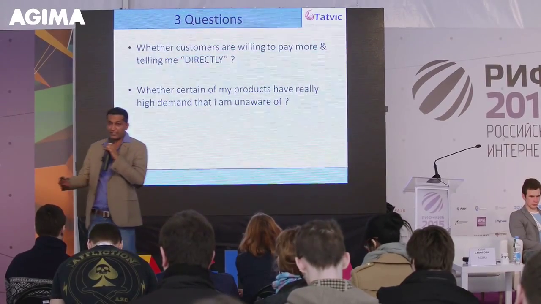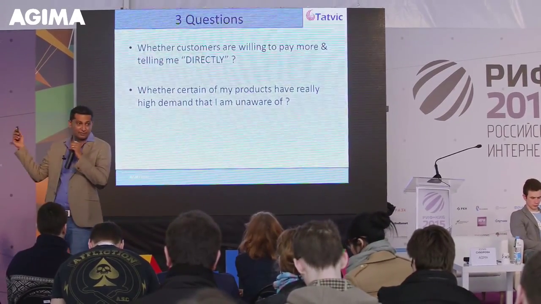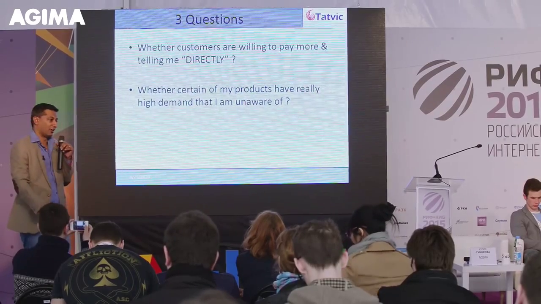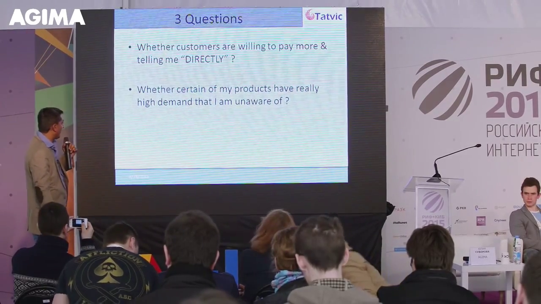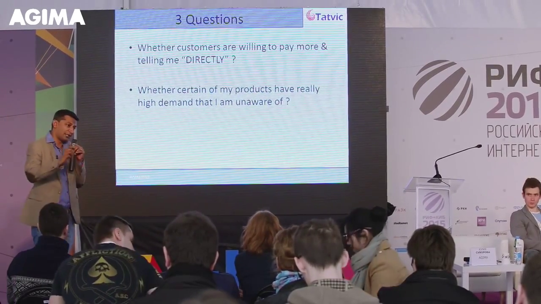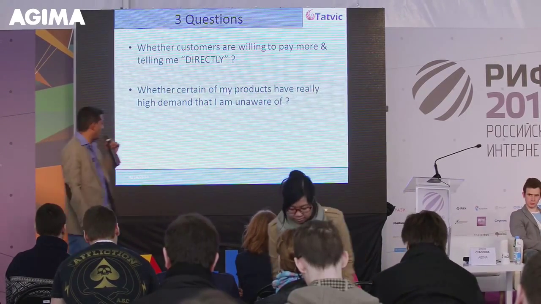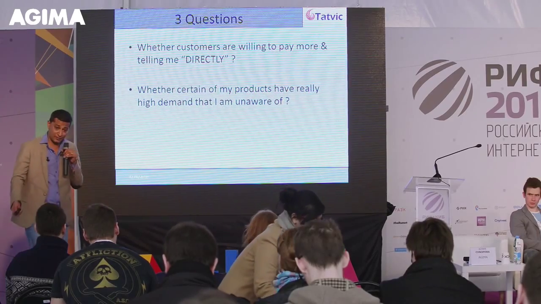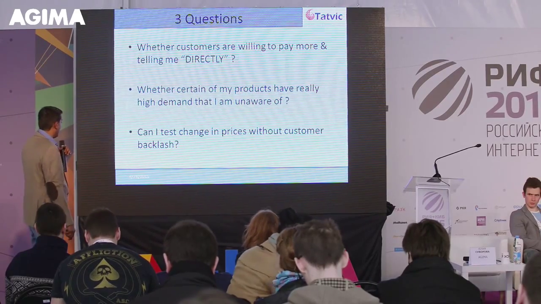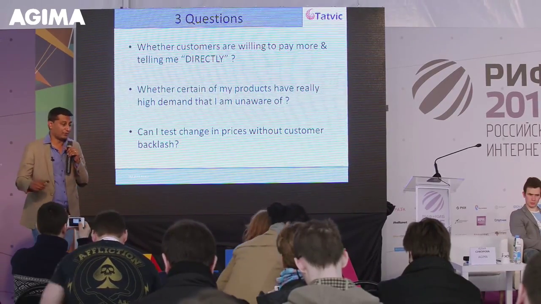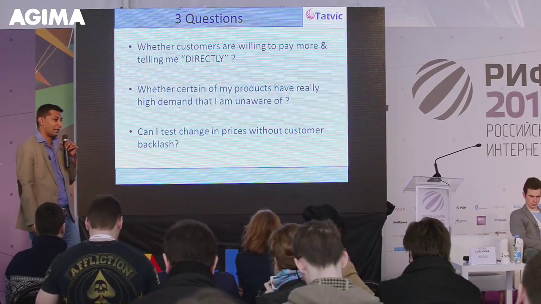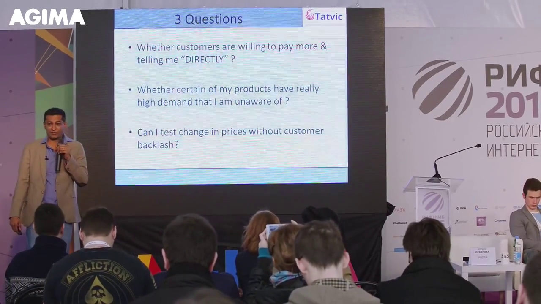You probably would be selling 30,000-40,000 SKUs for your e-commerce store, and you would want to know, are there certain sets of products that exhibit higher demand that you are not aware of, and would you be able to test different prices without any backlash from consumers?